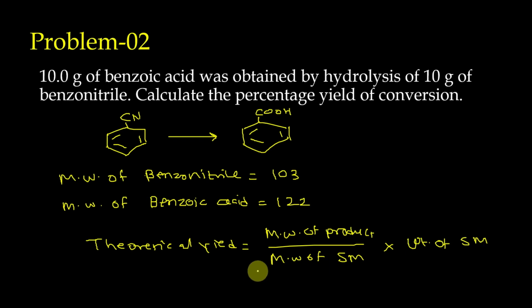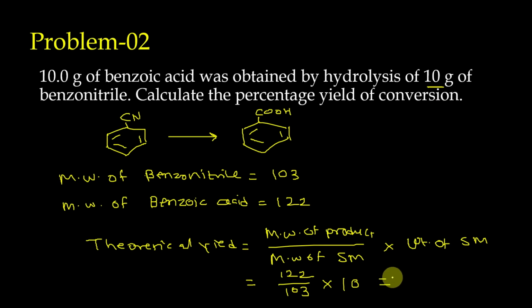Here we will just add these values: 122 divided by 103 into weight of starting material. How much benzonitrile was taken? 10 gram. So we'll write 10 here.